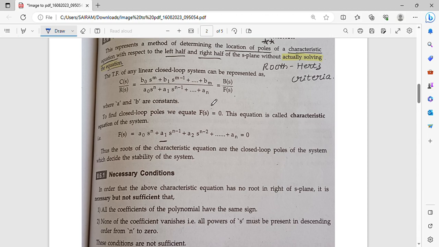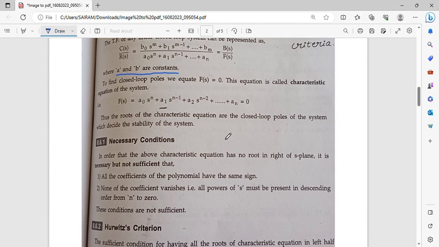So this is C(s)/R(s), the transfer function for any closed loop system, which I can say is B(s)/F(s), where C(s) is nothing but B(s) and R(s) is nothing but F(s), right? Now here these a and b are constants, right? This you're supposed to remember.